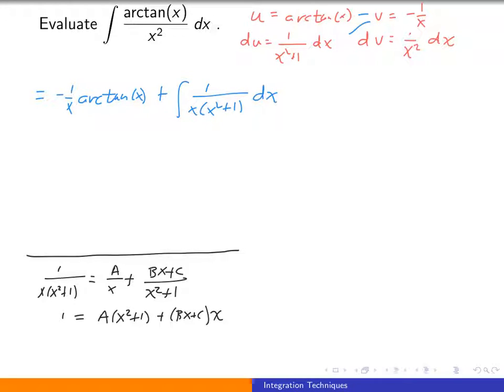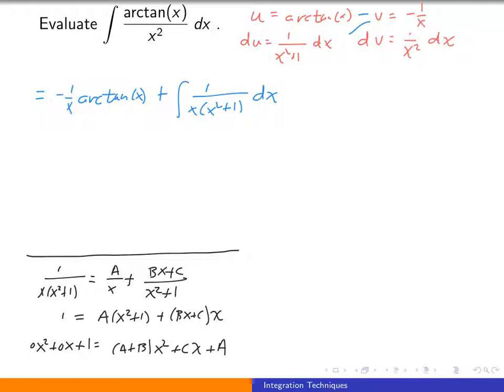And here I'm just going to go ahead and expand everything out on the right. So to start with, on the left we have 0x squared plus 0x plus 1. On the right you have A plus B x squared, C x, and your constant term is A.